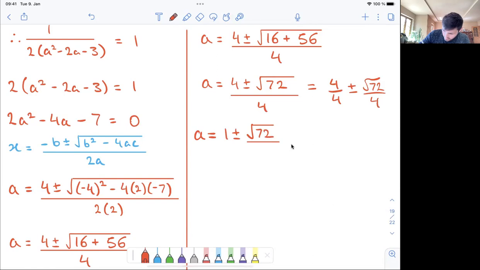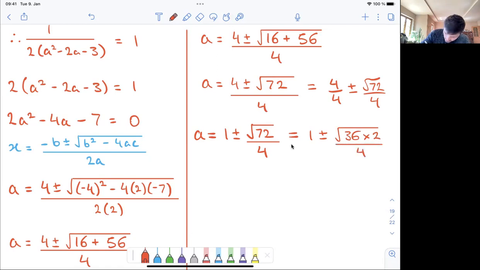Now we can basically break down the square root of 72 by thinking of its squared factors, I like to call it. So basically numbers that go into 72. The first one that comes to mind is 36. So 36 is 6 squared, and 36 times 2 is 72. So in fact, let me just write that in. There's going to be 1 plus and minus the square root of 36 times 2 over 4.